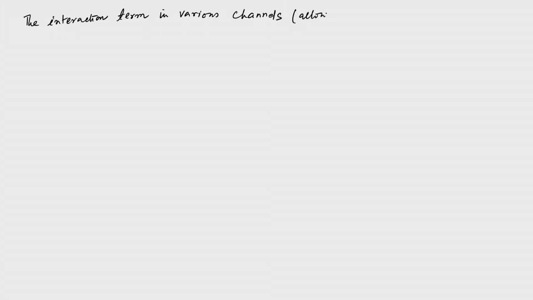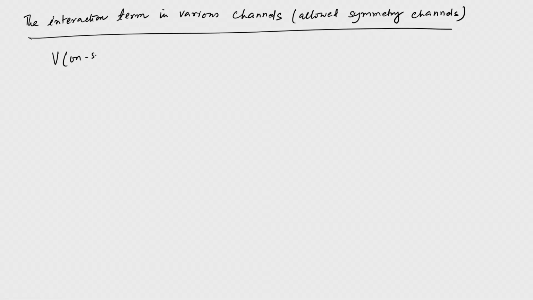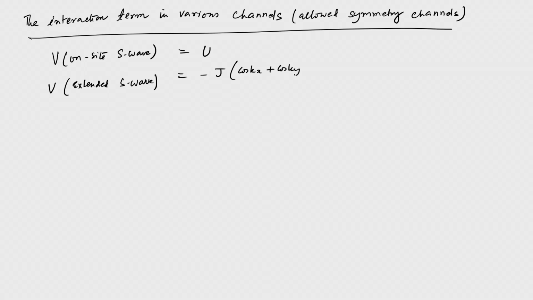allowed symmetry channels. V on site is an S wave, and that is equal to U. V extended S wave is equal to minus J, cosine of kx plus cosine of ky, times cosine of kx prime plus cosine of ky prime.